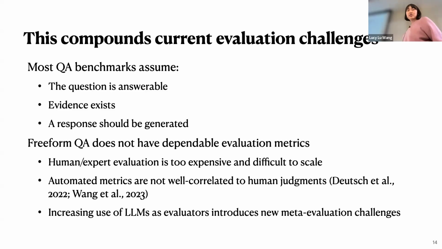And this introduction of LLMs as evaluators, I would say, creates a new meta-evaluation challenge. As I've shown previously, LLMs are not always accurate at these tasks. And now we're saying we're going to take those models and use them to assess the accuracy of their own answers and other models' answers.